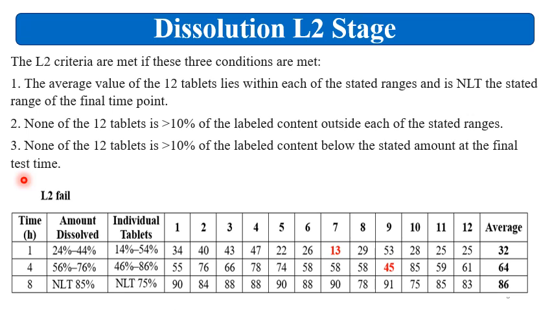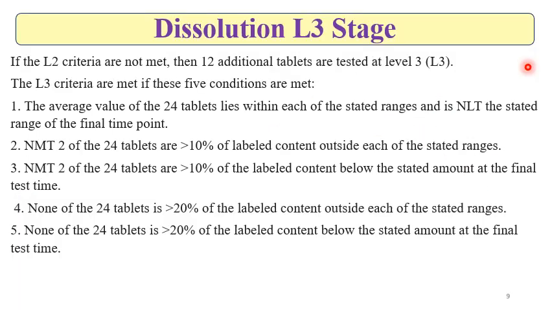So please consider that in L1 6 tablets are tested, at L2 another 6 tablets are tested, while at L3 a fresh 12 tablets are tested, and that's why at L3 stage you will have data with 24 units. Now let's see the L3 stage.